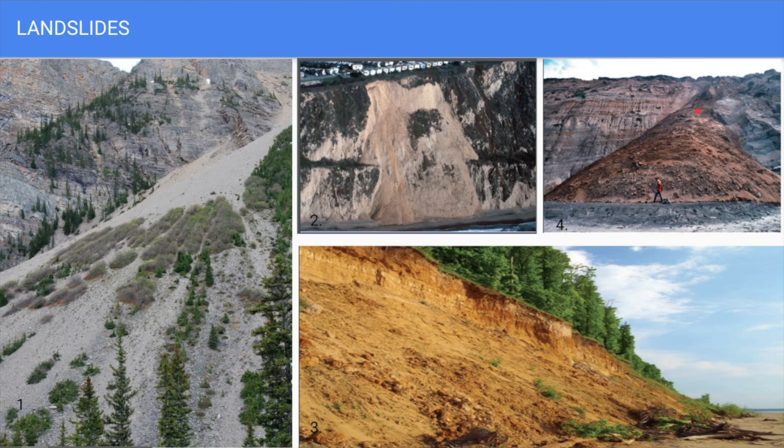Following the earthquake, it caused the land to shake and the rock areas slid down. Notice how in landslides, the rocks fall from a high location down. I'm going to give you a couple more seconds if you want to add anything else that you notice in box number 1.